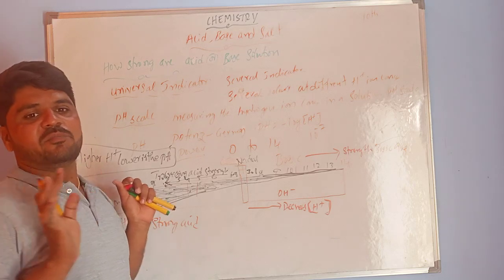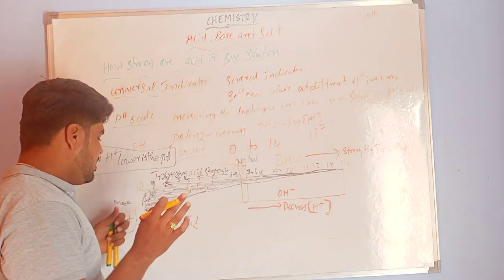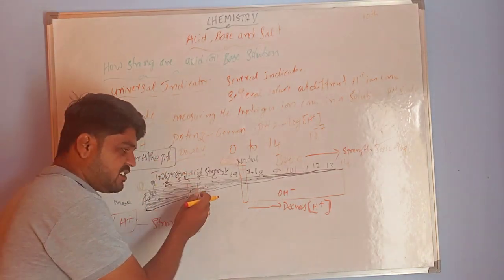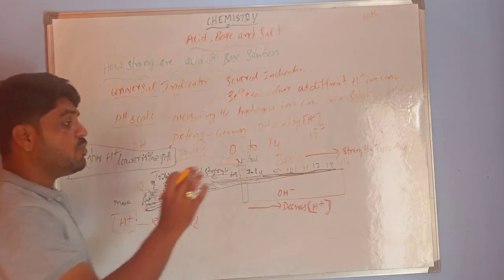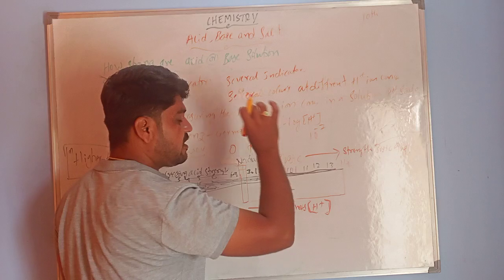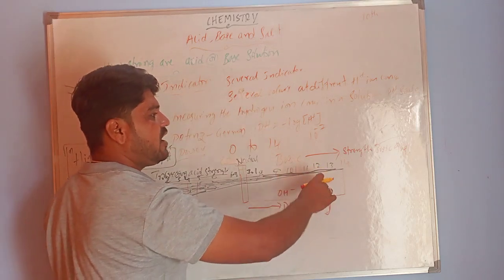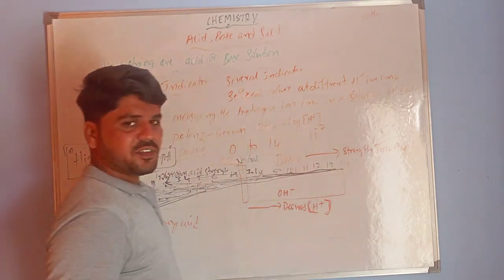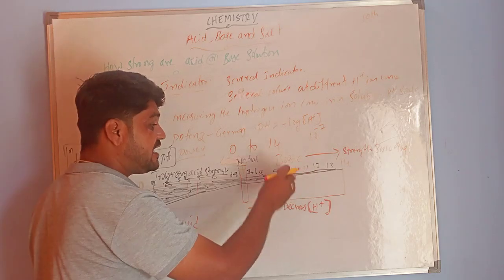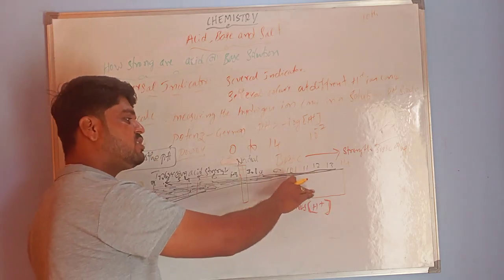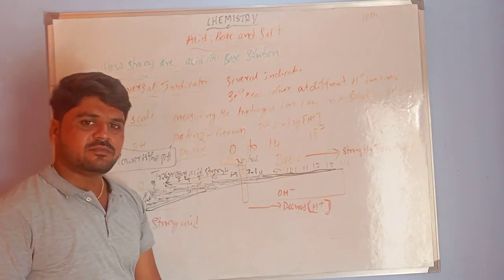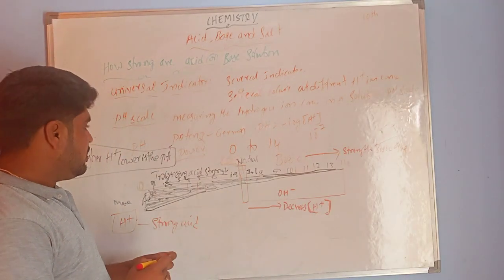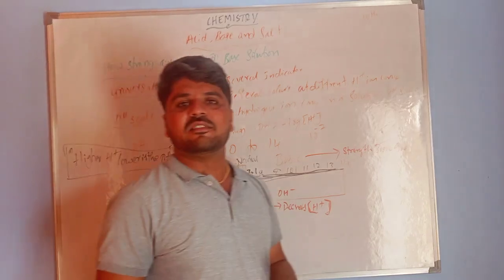This is very, very important. When more hydrogen ions are present, it is a strong acid. If more OH ions are present, that solution is a strong base. Fewer hydrogen ions or more OH minus ions are also strong bases. So this is all about the pH scale.